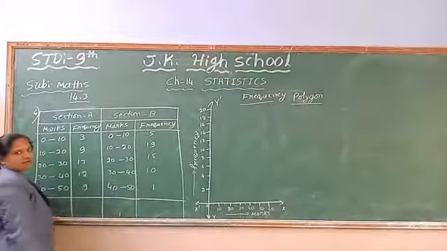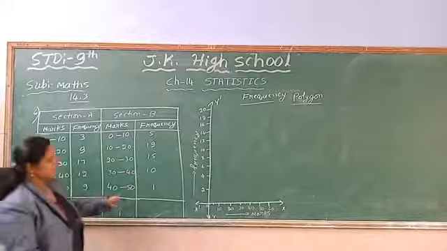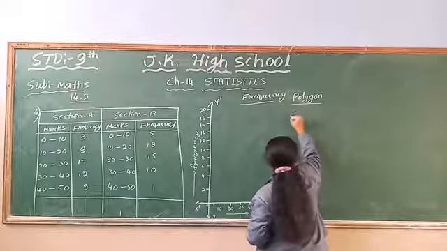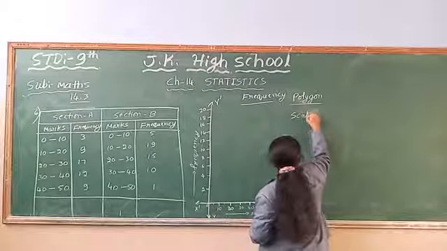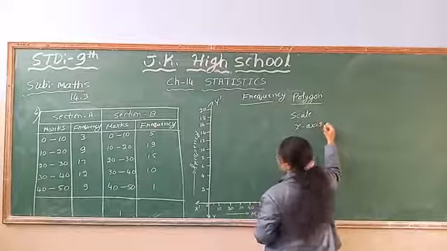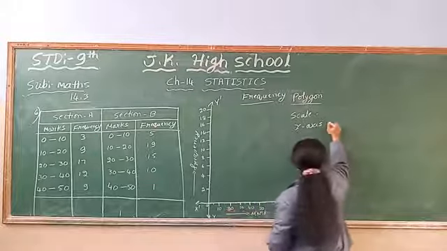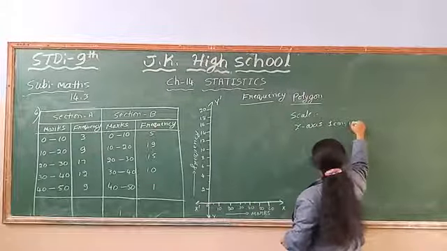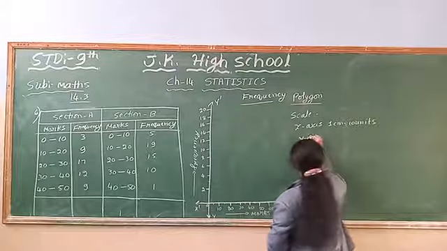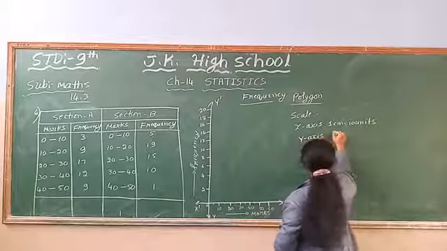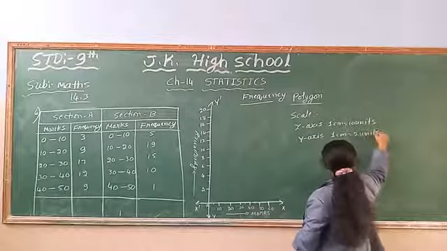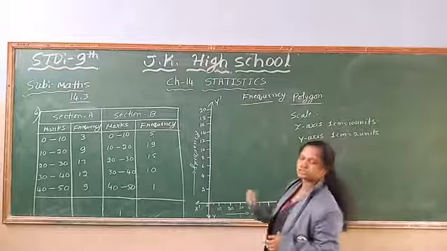So the scale of the x-axis is 1 centimeter equals 10 units, and the y-axis scale I have taken is 1 centimeter equals 2 units. In the graph you have to take the scale according to the question values.